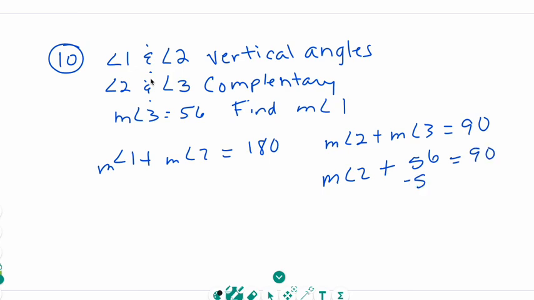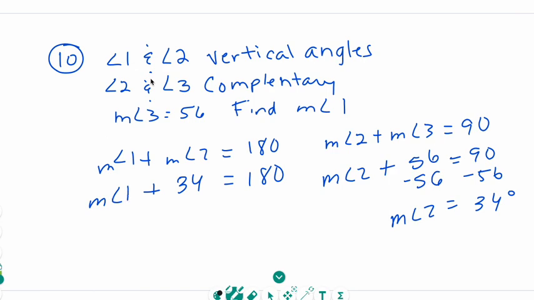Zero pair out the 56. So the measure of angle 2 is going to be 34 degrees. This is 34 plus the measure of angle 1. Zero pair out the 34. So the measure of angle 1 is going to be 146 degrees. And now you've reviewed for your quiz.